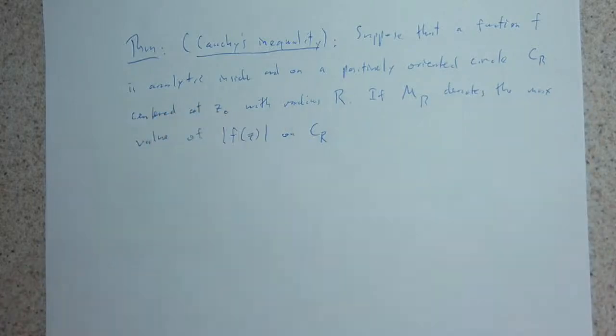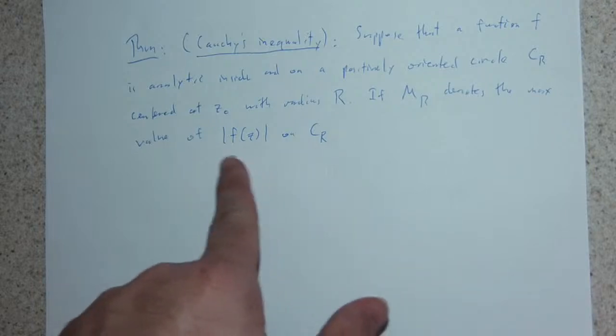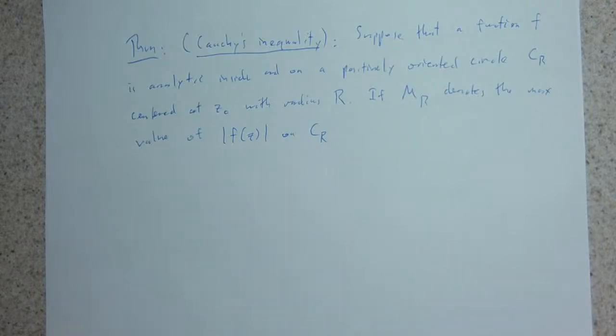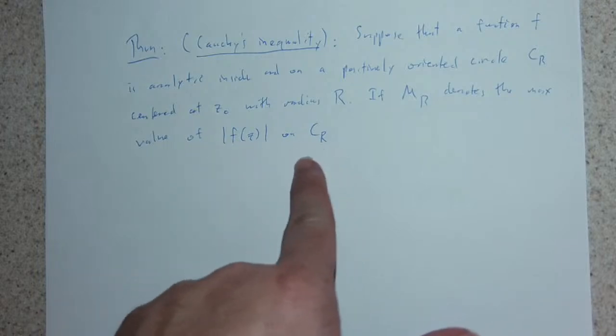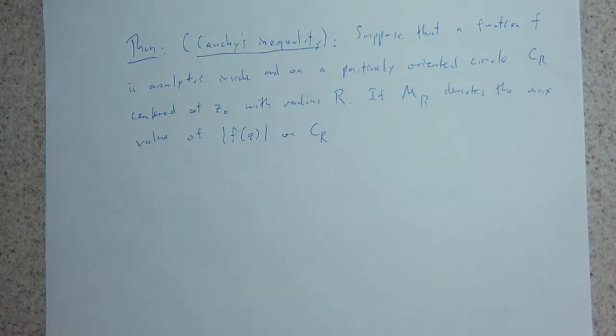Well, f is analytic inside and on a positively oriented circle C sub r. That means this modulus is continuous. We don't need it to be analytic, we need it to be continuous here. So we have a continuous function on a circle in the plane. A circle in the plane is a closed and bounded set.